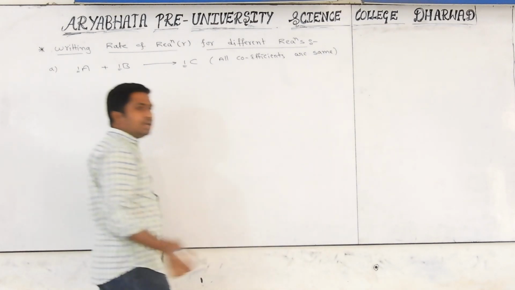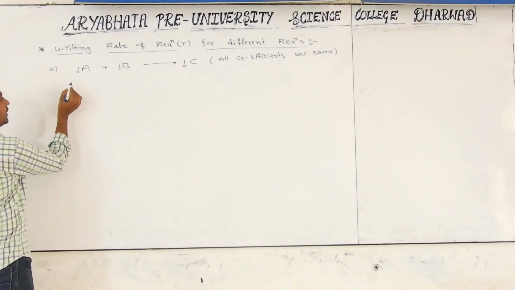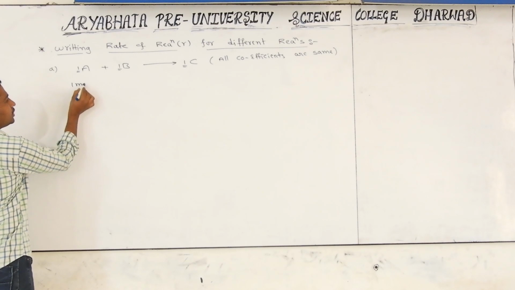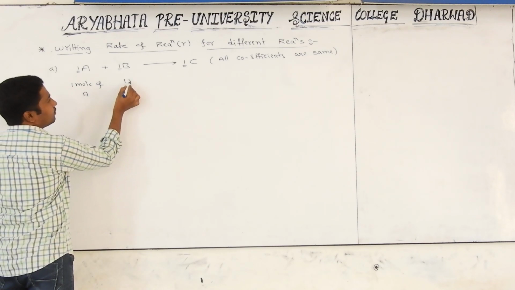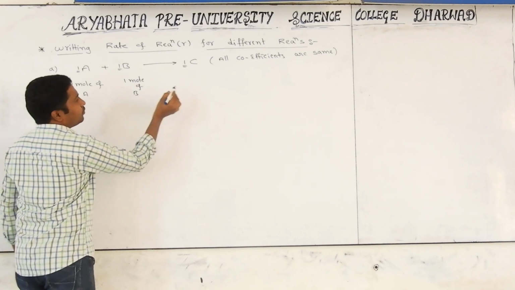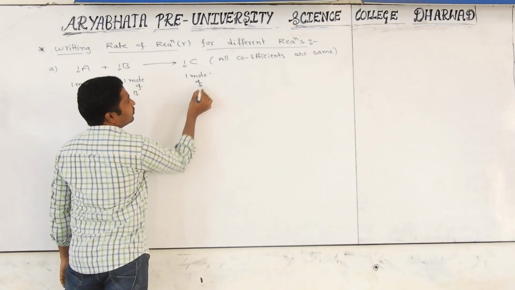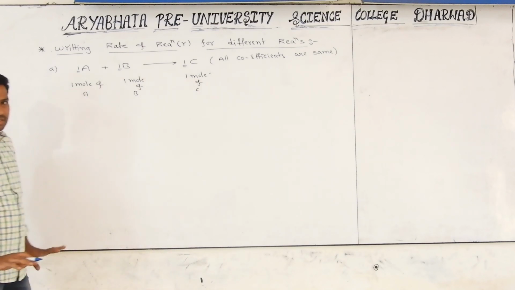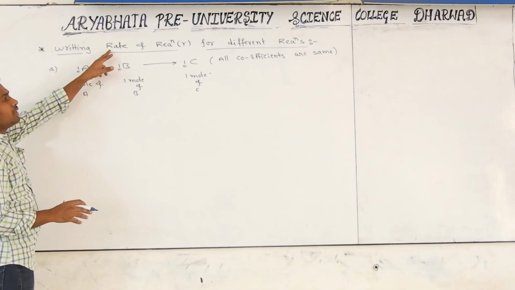For this, how will you write the rate of reaction? That is the concept. First of all, it is indirectly nothing but 1 mole of A combining with 1 mole of B, and we are getting 1 mole of C. Is it clear? Now we want to find out the rate.